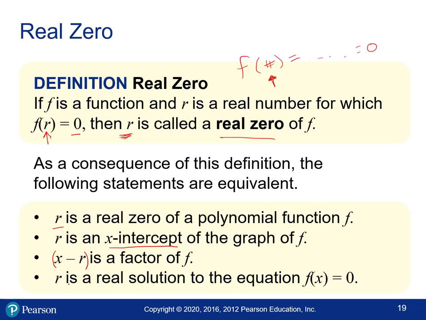And one more way to say the same thing is that it is a real solution to the equation when you set your function equal to 0. So all four of these statements say the same thing. Real zeros let us know we have an x-intercept on our graph, we have a factor in our polynomial, and that the number we plug into our function gives 0 as the output.